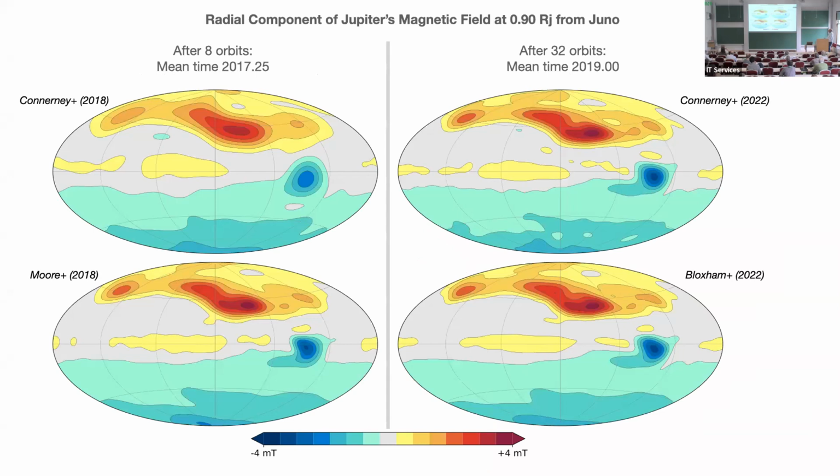So what does the field of Jupiter look like? Well, on the left are 2 models of Jupiter's magnetic field, published about 4 years ago, after 8 orbits of the spacecraft. And the mean time of those 8 orbits is around 2017.